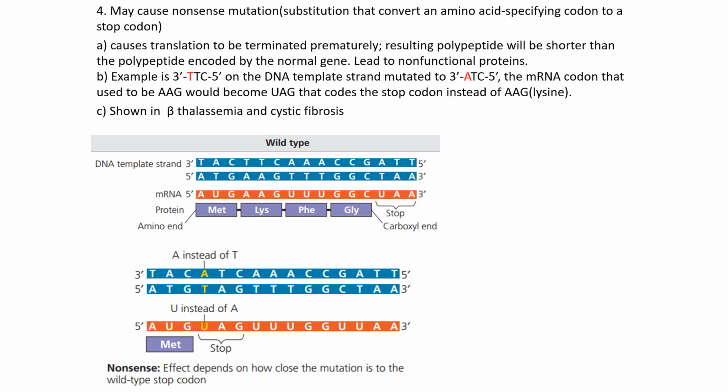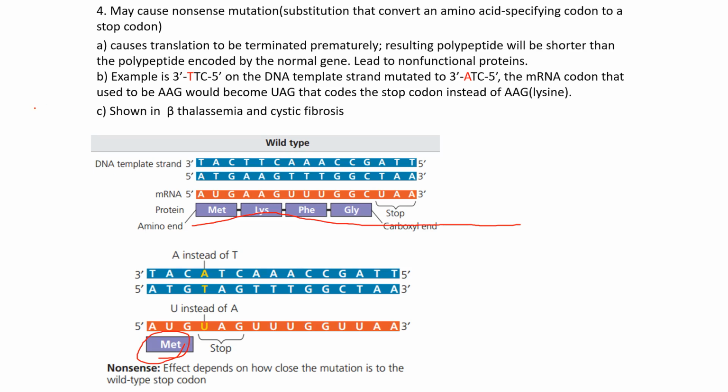So this will cause translation to be terminated prematurely, which will result in a polypeptide shorter than the polypeptide encoded by the normal gene, and this will lead to a non-functional protein, obviously. By right you should get a long stretch of polypeptide, but instead you get a very short polypeptide, and a short polypeptide will lead to a non-functional protein.